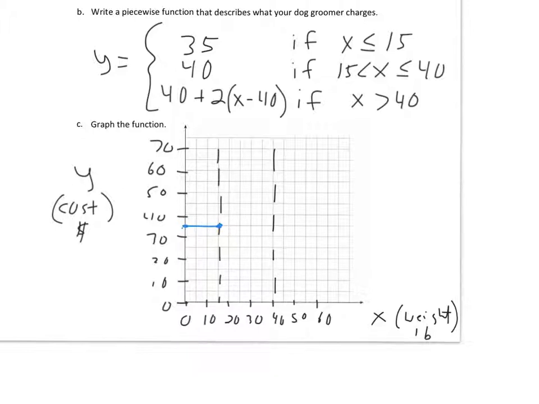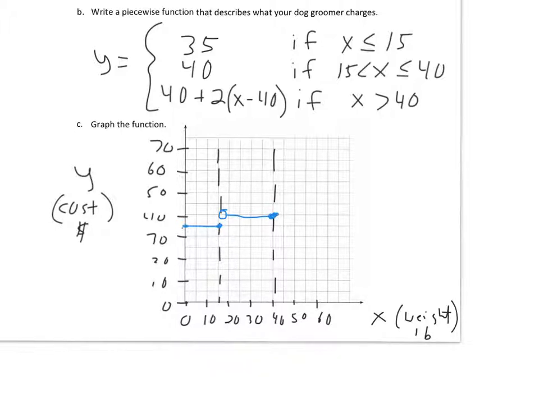And then for the next one, when x is between 15 and 40, which represents this range here, the cost is just going to be 40. So that's another constant. So it's going to be 40. I mean open circle at this end because it's not included, and it's closed at this end because it is included.